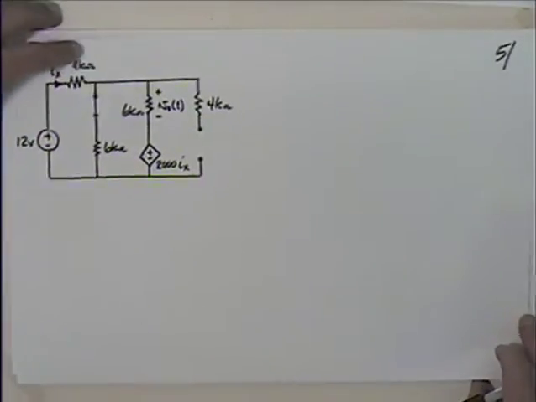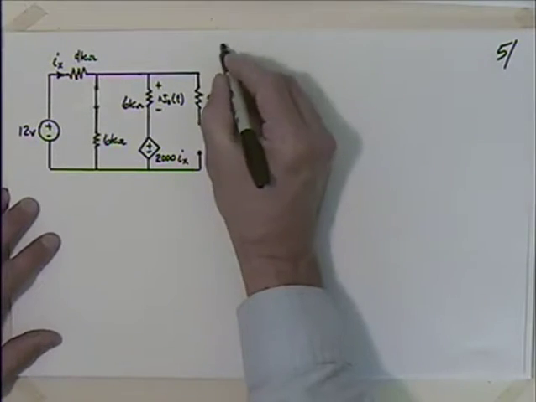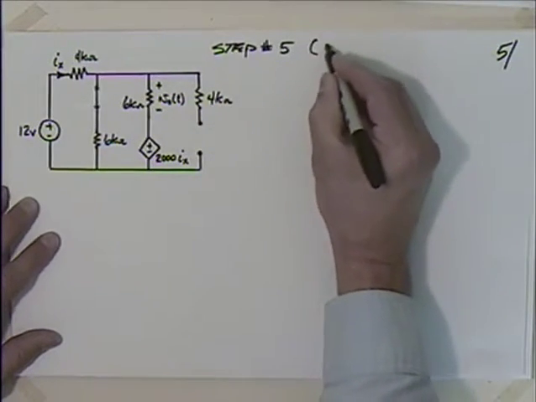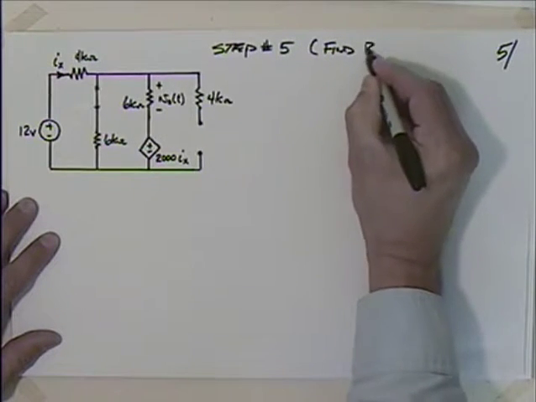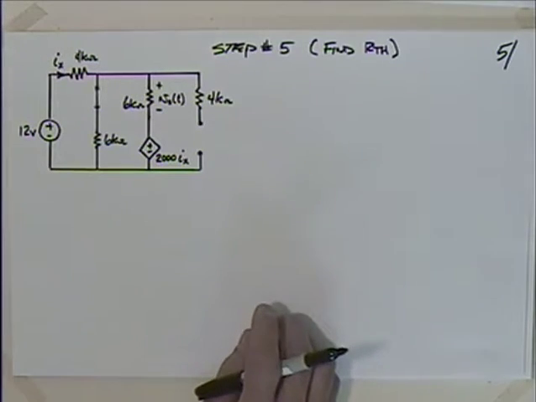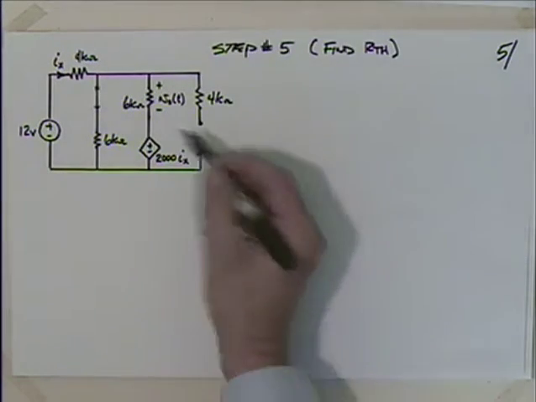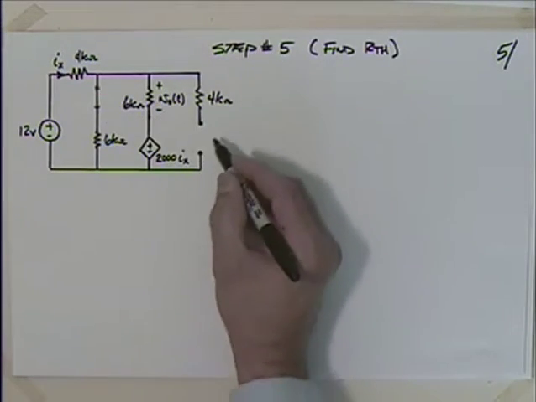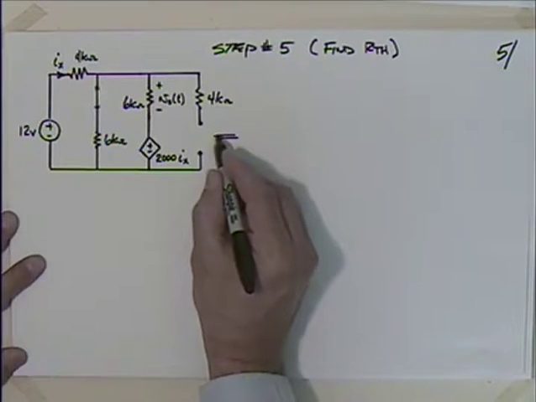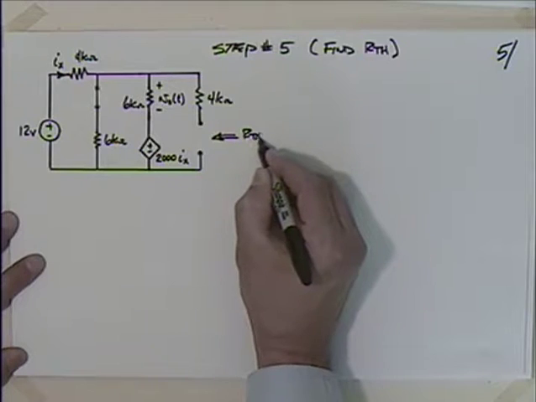Step number 5, which is to find R Thevenin. So I look into this energy storage element. The switch is still closed. I take out the energy storage element, and I look in there, and I ask what is R Thevenin.